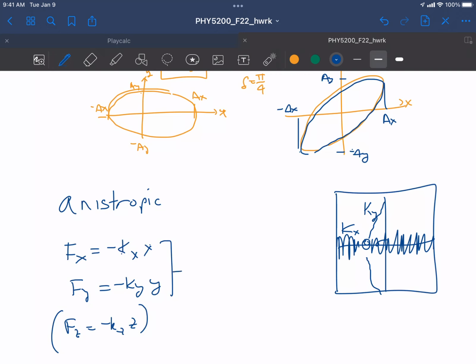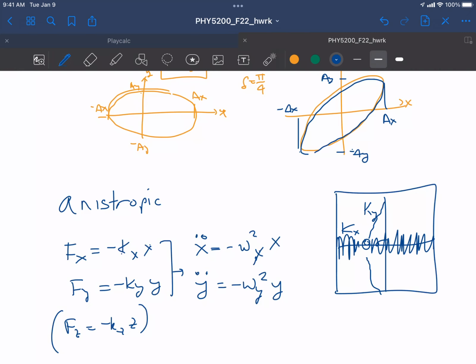But these forces then lead to the equations of motion of x double dot is minus omega squared of x times x, and y double dot is minus omega squared y times y, with x of t and y of t being the answer.